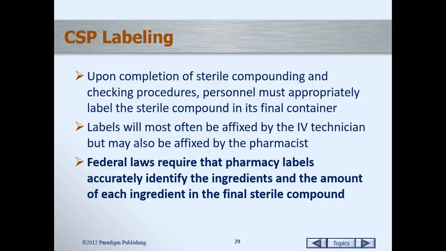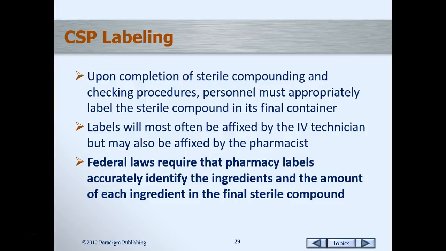Now, more specifically about this chapter and what the purpose is: how to read labels. So the compounded sterile product labeling: once the orders are put into the computer, a label will be generated. The labels will most often be affixed by the technician, but in certain cases the pharmacist may be doing that.